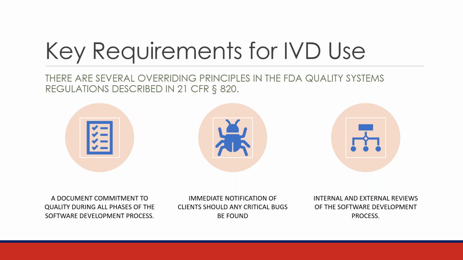As part of the remedy, we need to immediately address those and come up with fixes as soon as possible, and then provide a release that contains those bug fixes. And one of the main key requirements for IVD use is having internal and external review processes. So we are consistently reviewing our own documents, as well as having an external auditing team come into our offices to review our quality control design for FCS Express.